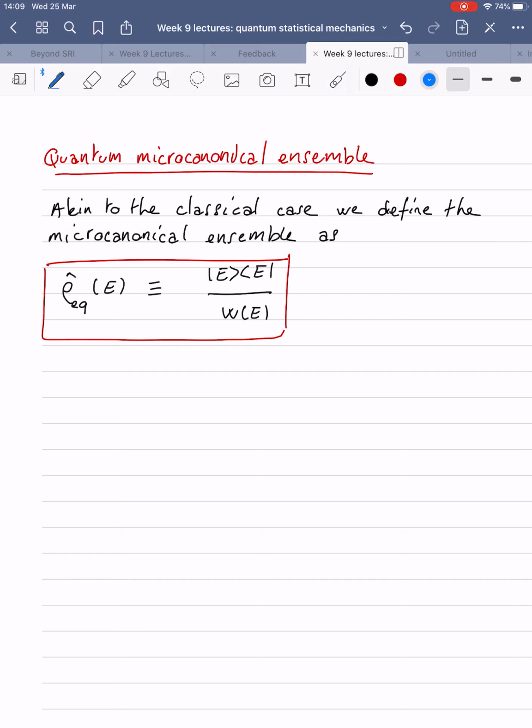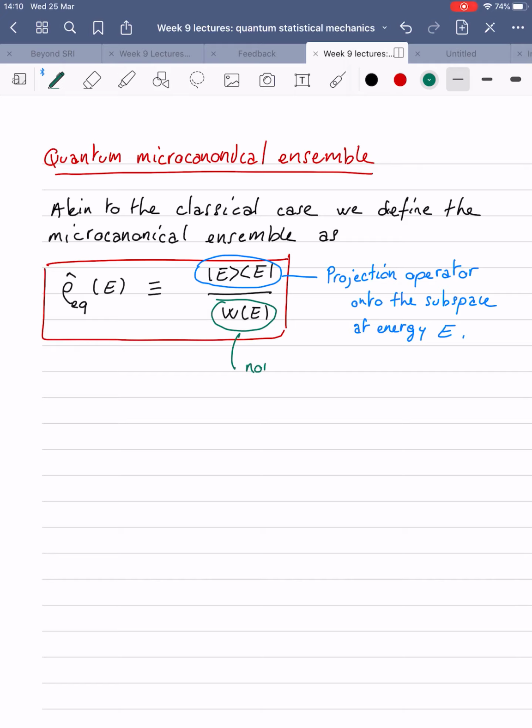Firstly, this is a projection operator onto the subspace of the Hilbert space of states at energy E. And this other object is basically a normalization factor.